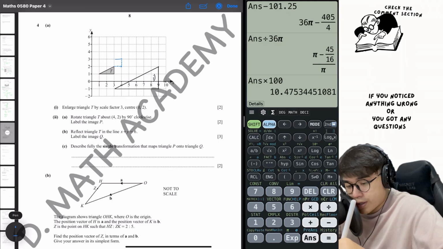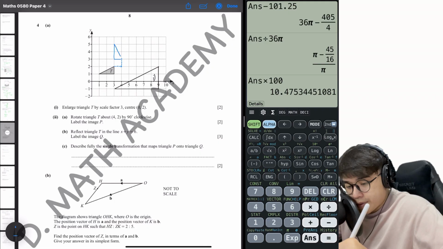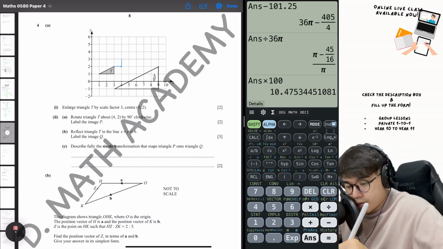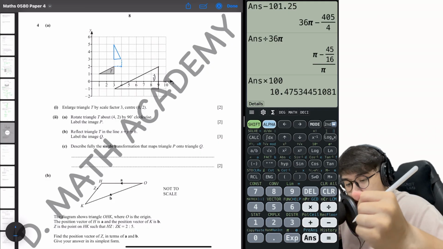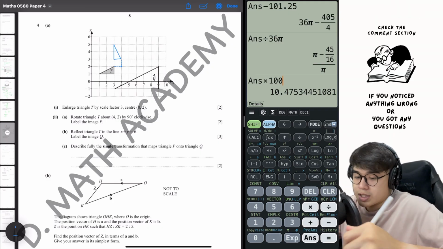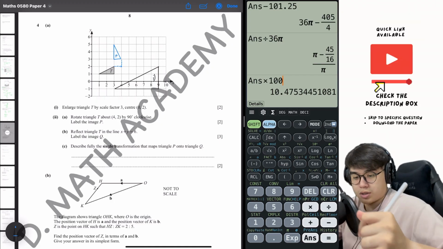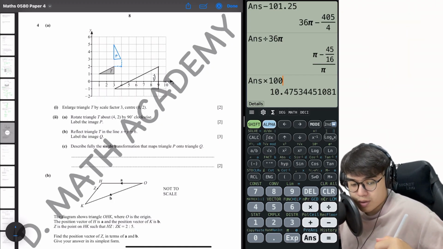It was just right next to it. Going up, coming back down. Okay, just straight away draw a triangle here. Okay, so this is actually the P image.